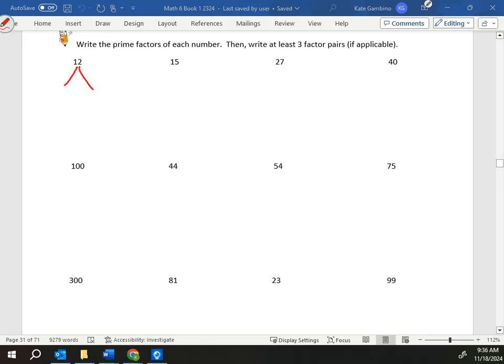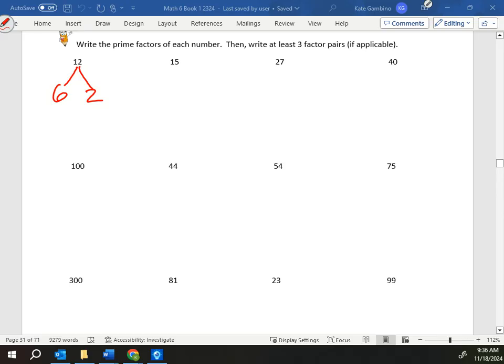I have a 12. What is a factor buddy pair for 12? I know Emma can tell me. Who else can tell me what a factor pair for 12 is? What two numbers can I multiply together to get 12? Maddie? 6 and 2. Can I break the 6 down farther?